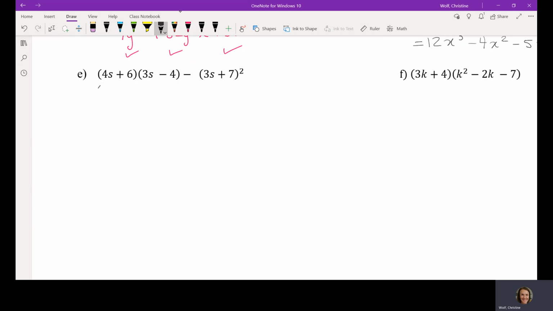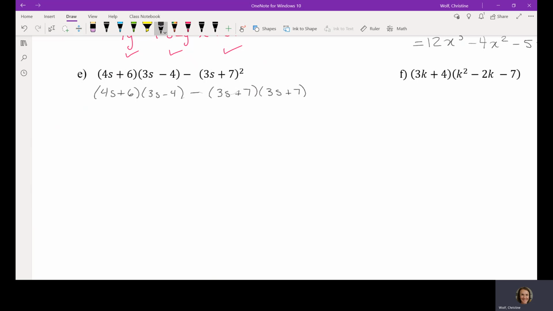So this question is actually saying 4s plus 6 times 3s minus 4, minus, and then 3s plus 7 times itself. So that's what the question's really asking, right?